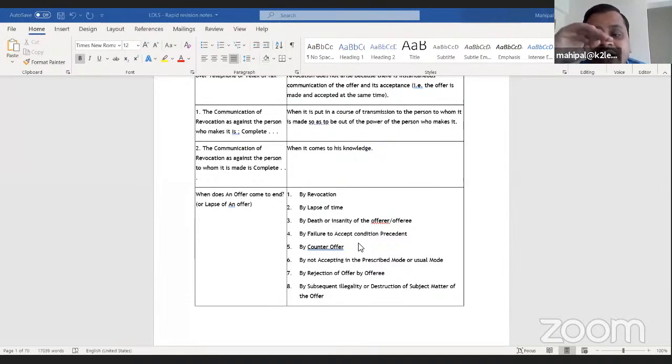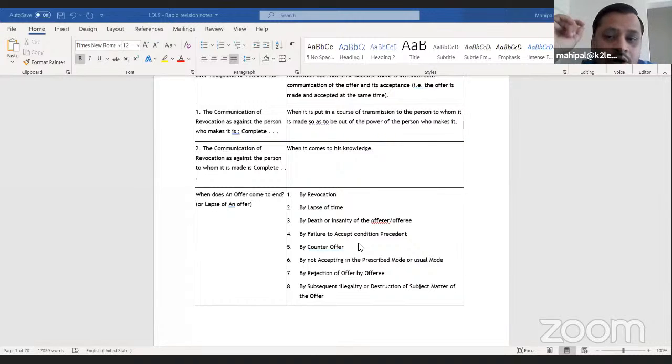Third, by death: if the offerer dies, the offer comes to an end. Also by failure to accept the conditions, by counter offer, by not accepting the prescribed mode, by rejection, and by subsequent impossibility or destruction of the subject matter. These are the various ways in which an offer comes to an end.